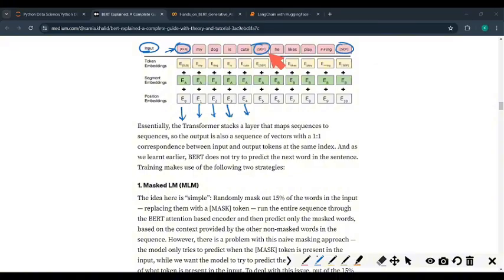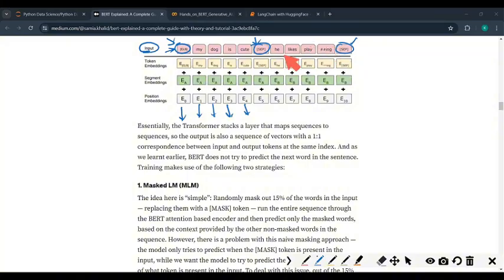CLS represents the start of the sentence. So CLS is there, then your tokens, then separator. It is saying that the first statement ended here, then the next statement started, and the next statement ended here.